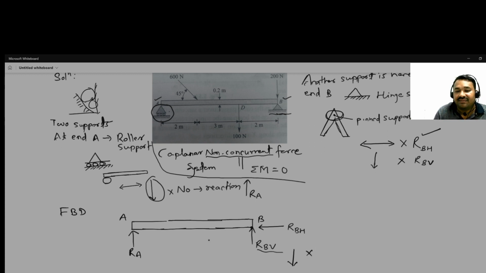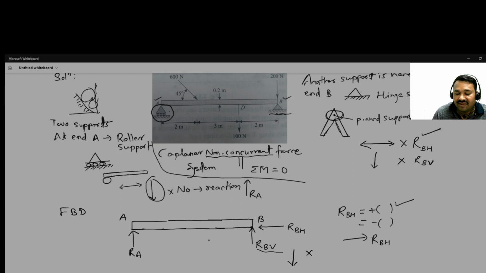But suppose we get the answer RBH equal to some positive value, it means our assumption for the direction, that is the negative x direction, is correct. Suppose if we get a minus sign with some value, it means our assumption is wrong, and then the direction will be opposite. So dear students, no need to worry about this.